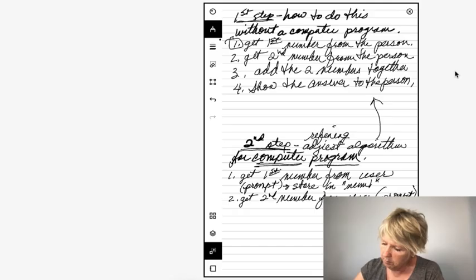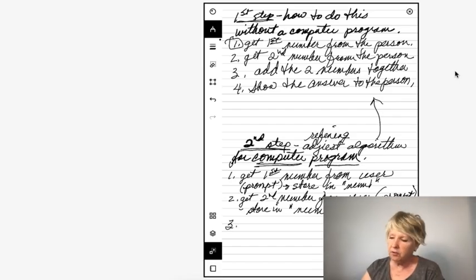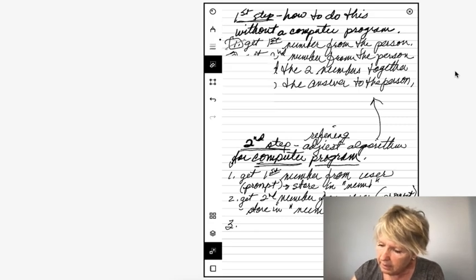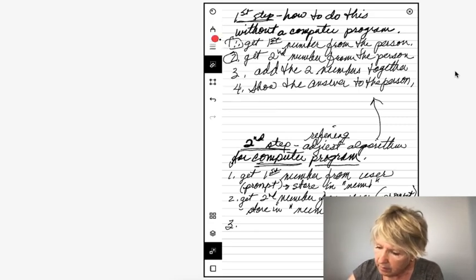And over here I'm going to store in a container named num2. Okay, so now I've got my two numbers. So I look up at my algorithm. I've got my two numbers. Got that. Sorry. Got that. Got that. So now I'm on 3.